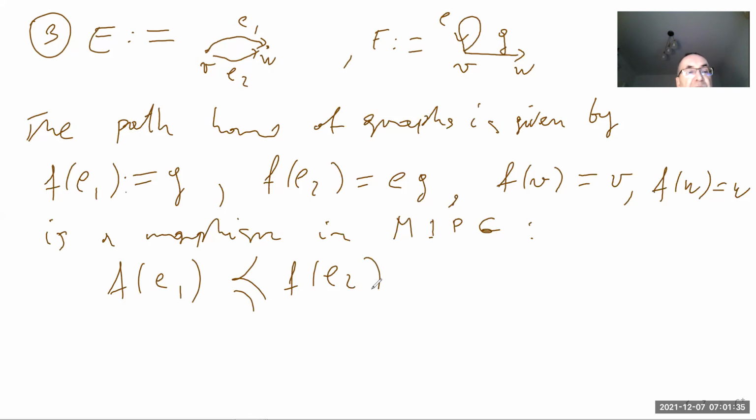I can write it in two ways, but one way is just false because a path of length 2 cannot be a subpath of a path of length 1. So I can only have f of E1 less or equal than f of E2. This holds indeed, but does it imply, wait.